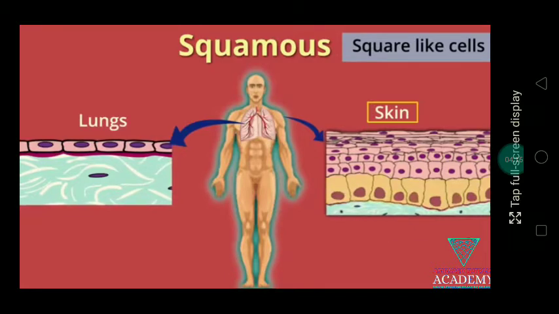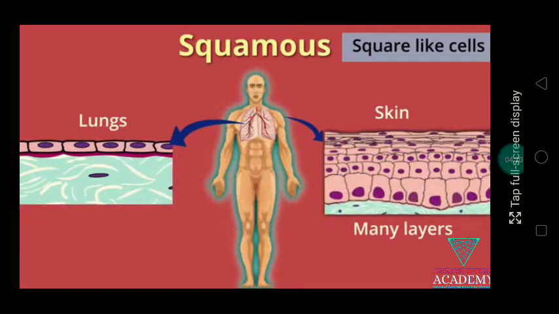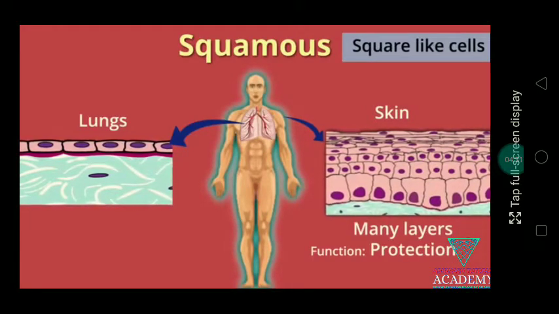Yes, the skin has many layers of squamous cells as compared to the lining of the lungs. Can you guess why skin has multiple layers? That is because the skin is protective in function and hence needs many layers, whereas the lining of the lungs has only a single layer of cells.